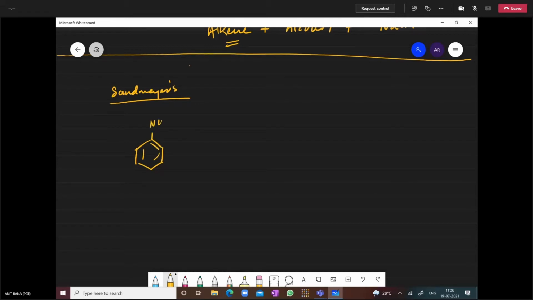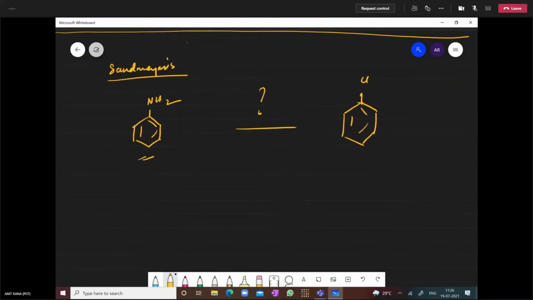So in Sandmeyer reaction, what do you have to remember? Aniline, and how will you convert it into chloro? I will ask you what the reagents are. So you have to remember the conditions also, the reagent used.